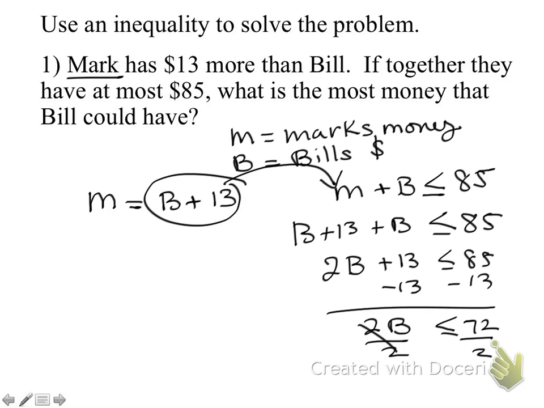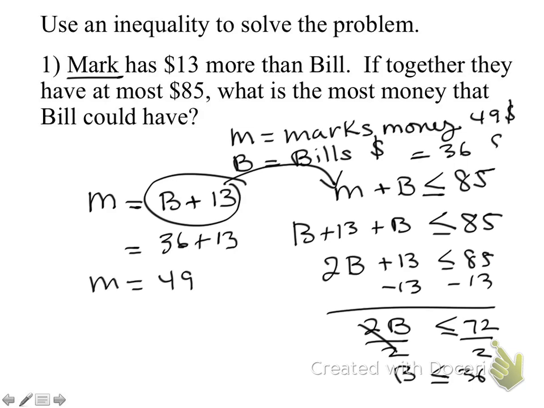B is less than or equal to 36. And there we have Bill is 36. 36 plus 13 is equal to 49. And so M is $49. Does that make sense? So we could have solved it with one variable or two.